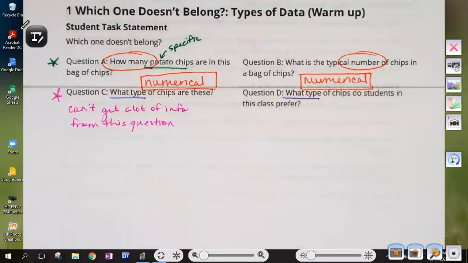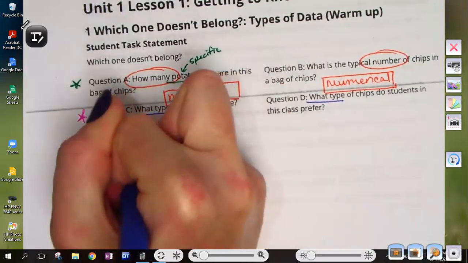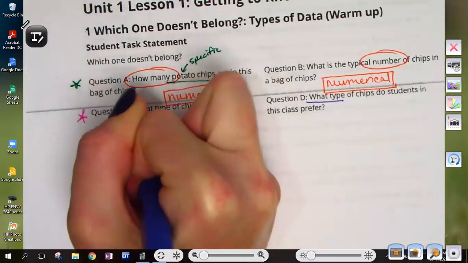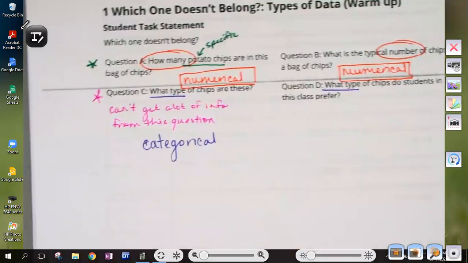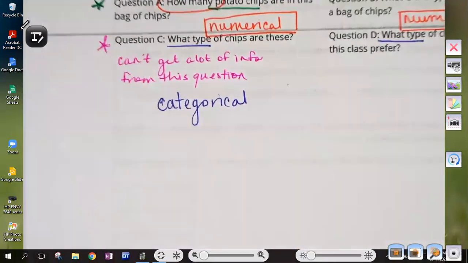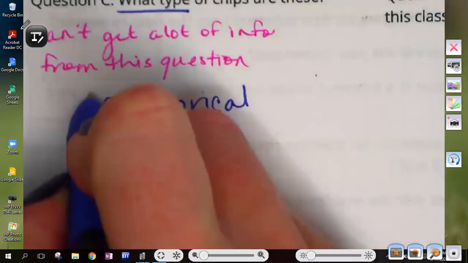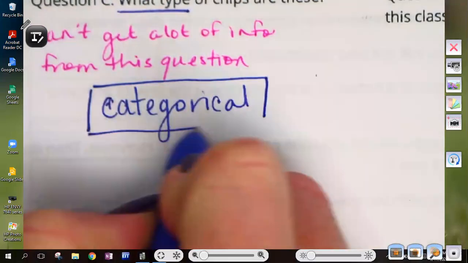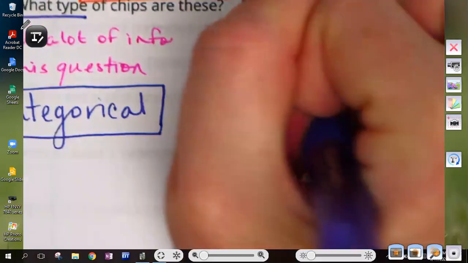A type. The vocabulary word for that sounds scary, but it's not: categorical. Same for D, also categorical.